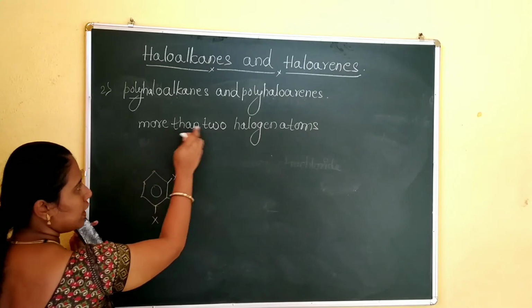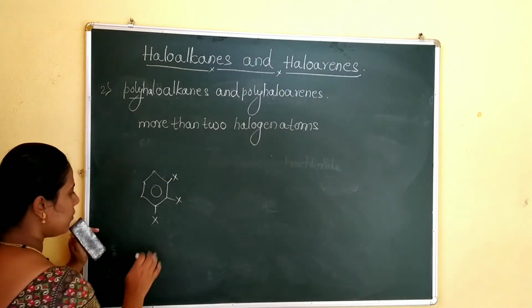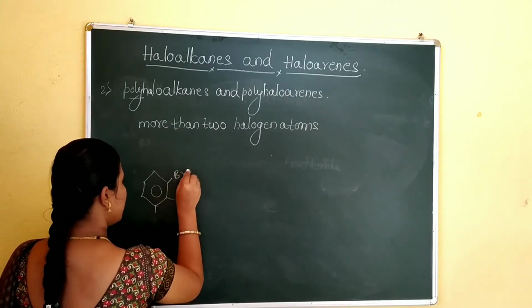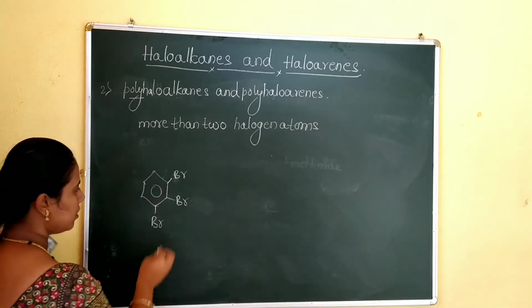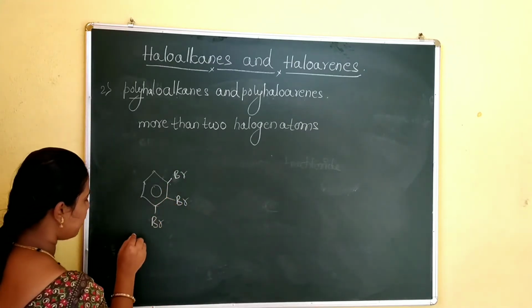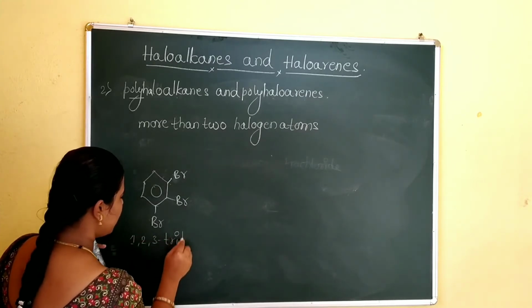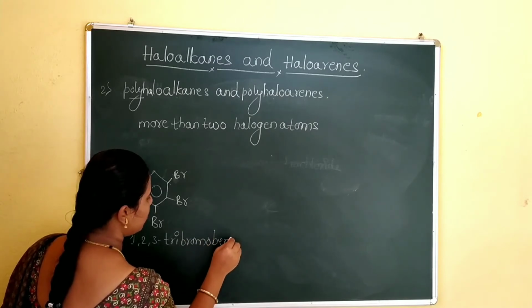It contains more than 2 halogen atoms, therefore it is a polyhaloarene. For example, if I take these halogen atoms as bromine, then it becomes 1,2,3-tribromobenzene.